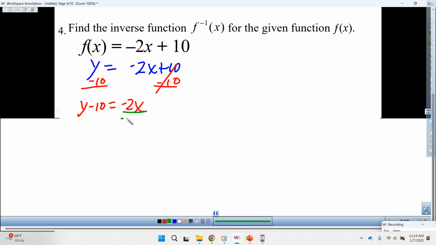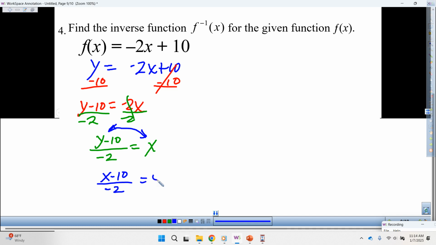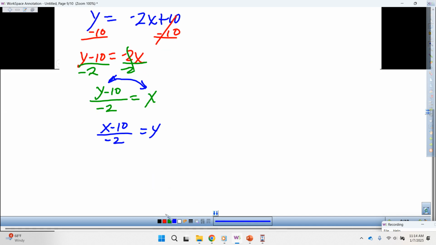Divide by negative 2. Divide by negative 2. We end up with y minus 10 over negative 2 equals x. From there, you exchange the variables, so we end up with x minus 10 over negative 2 equals y. And last but not least, change this one to f inverse of x. X minus 10 over negative 2.